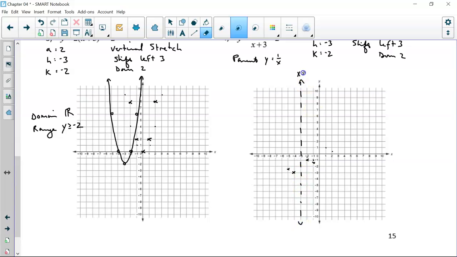Now it's at x equals negative 3. Our horizontal asymptote then also moved down 2, and it's at y equals negative 2. And then I could just draw my graph, making sure not to cross that asymptote.